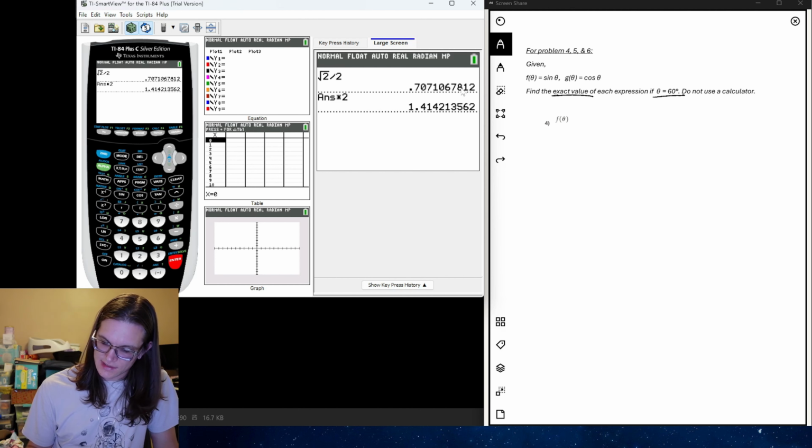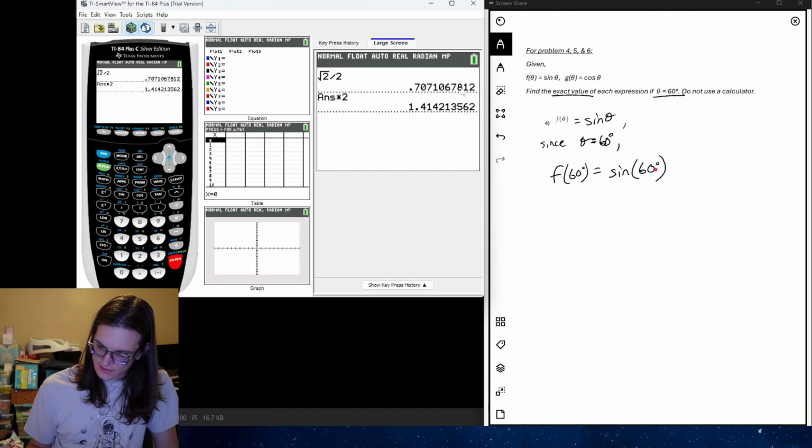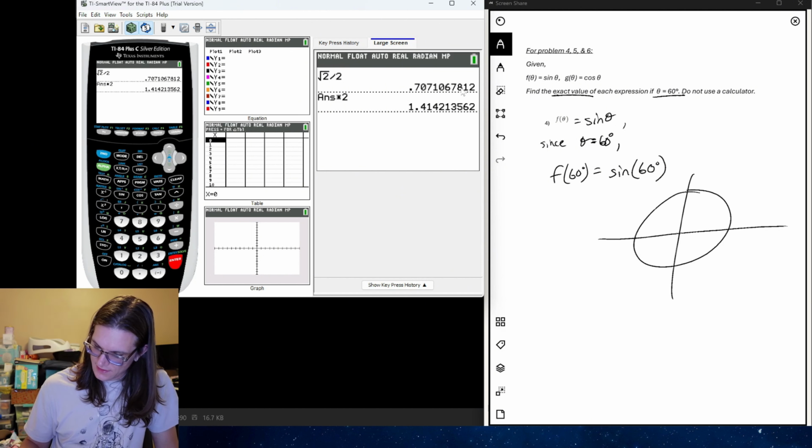So this is just asking for f of theta, which is defined right here as sine of theta, so we can write that. And then in our example, I can even write this formally and say, since theta equals 60 degrees, sine of 60 degrees, we want an exact value. We'll do this right here. It goes 30, 45, 60.